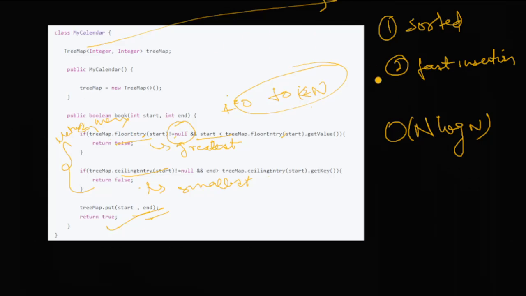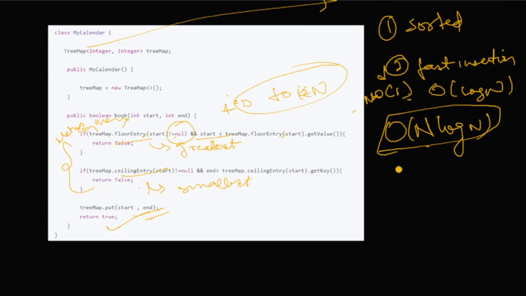The insertion, as we said, will take order of 1 time, and for each new event, searching will go with order of log n. So n insertions, n into order of 1, that's order of n, then order of n log n. The space remains the same, order of n. So that's what the complexity would be.